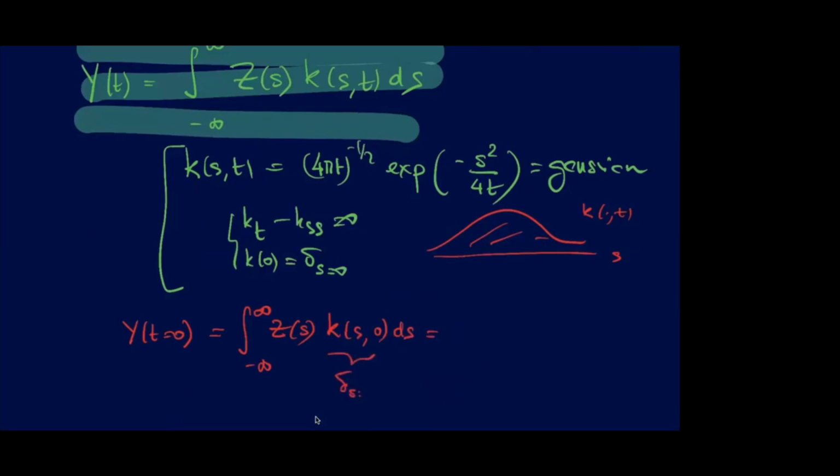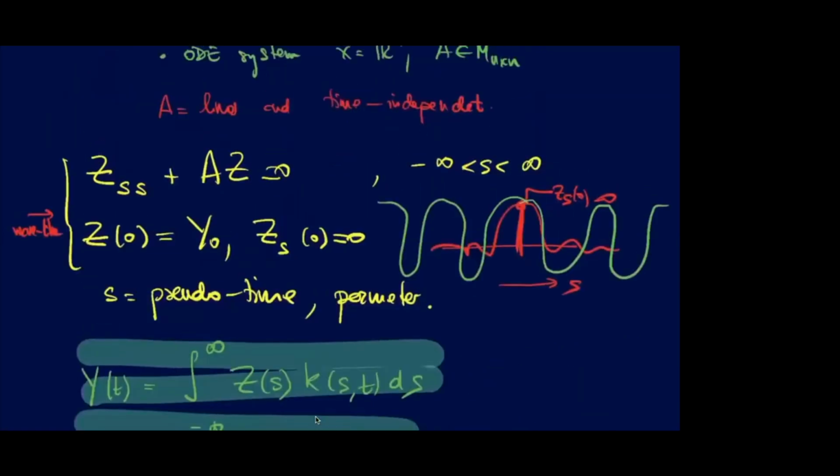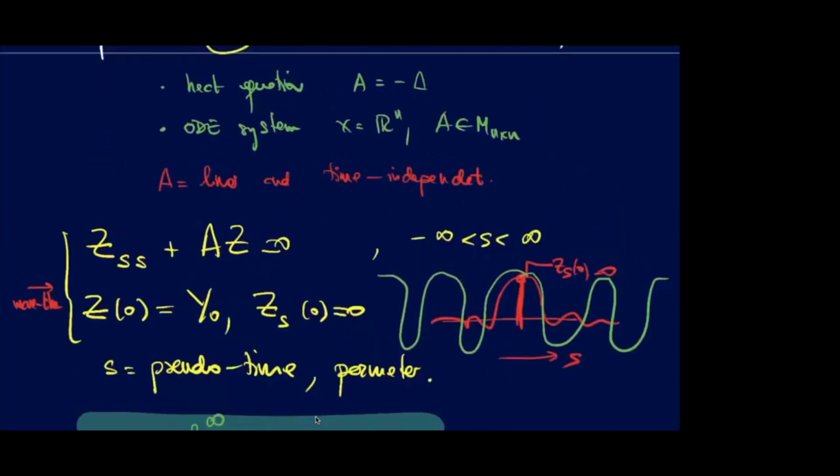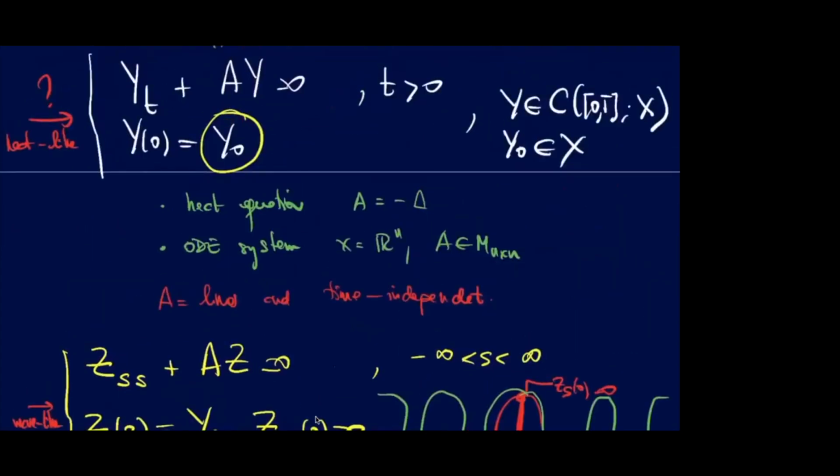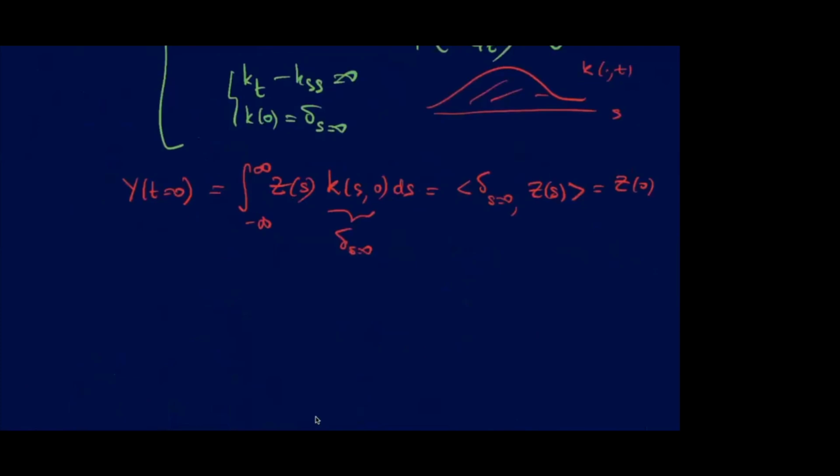But we know that the initial datum for the heat kernel is just the Dirac delta at the center s equals 0. Because this is precisely the Dirac delta at s equals 0 applied to z of s, this will give me z of 0, and I was careful enough to take the initial datum for z to be y0, the initial datum for the Cauchy problem of the first order heat-like system. So this is indeed y0.